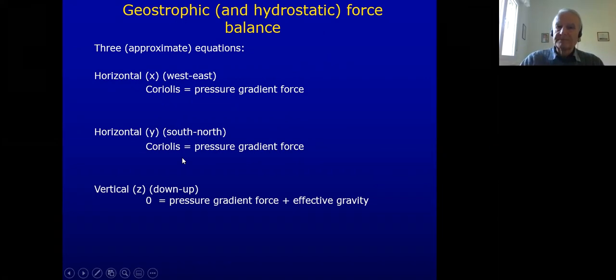So in the X direction, the Coriolis force is equal to the pressure gradient force. In the Y direction it is the same thing: the Coriolis force in the Y direction balances the pressure gradient force. And then in the vertical, the pressure gradient force is balanced by the effective gravity.